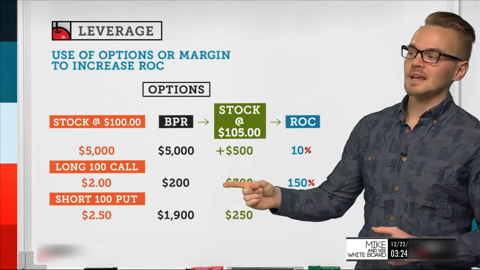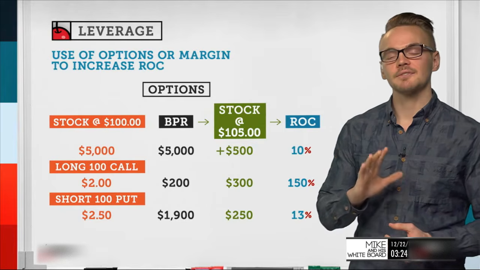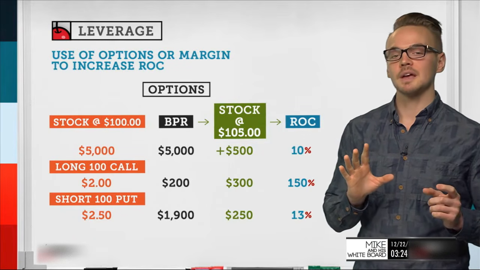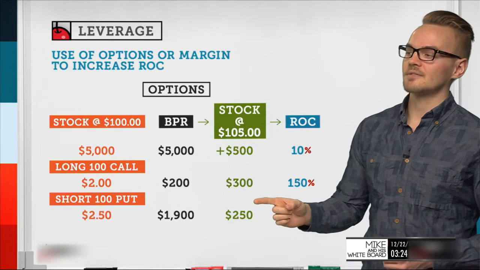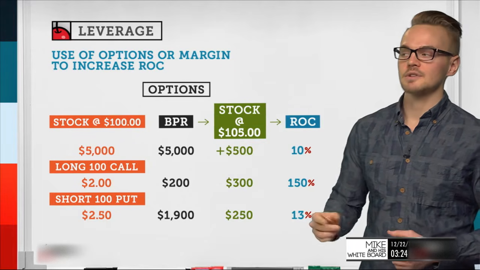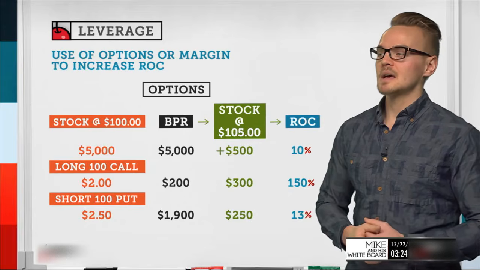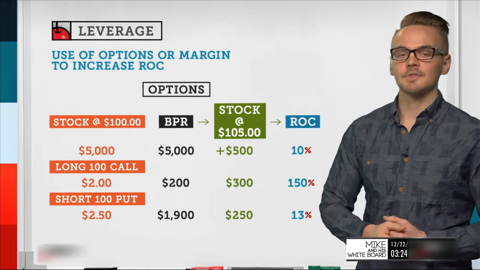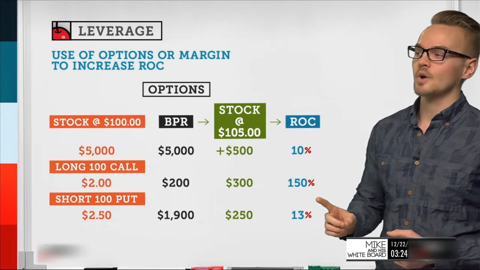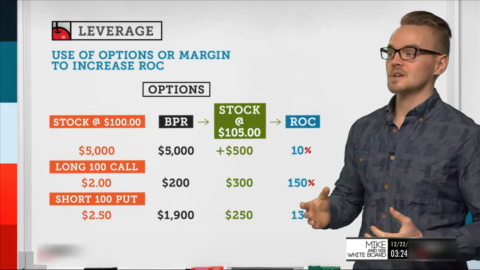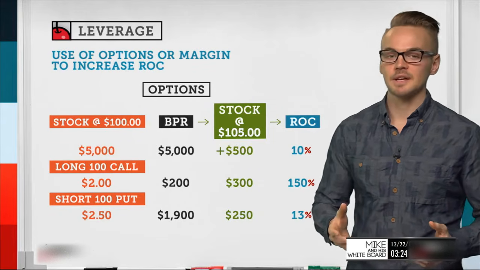But since I paid $200 for that, I would take 500, subtract the 200 I paid for it, and that gives me the net value or net profit of $300. So taking this all together, I put down $200 and I netted $300 on top of that. So my return on capital would be 150%, which is much higher than the return on capital of 10%.